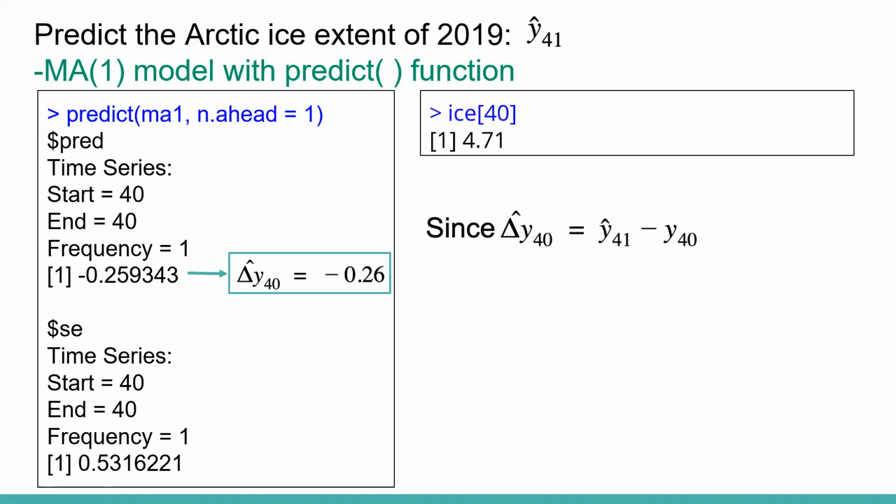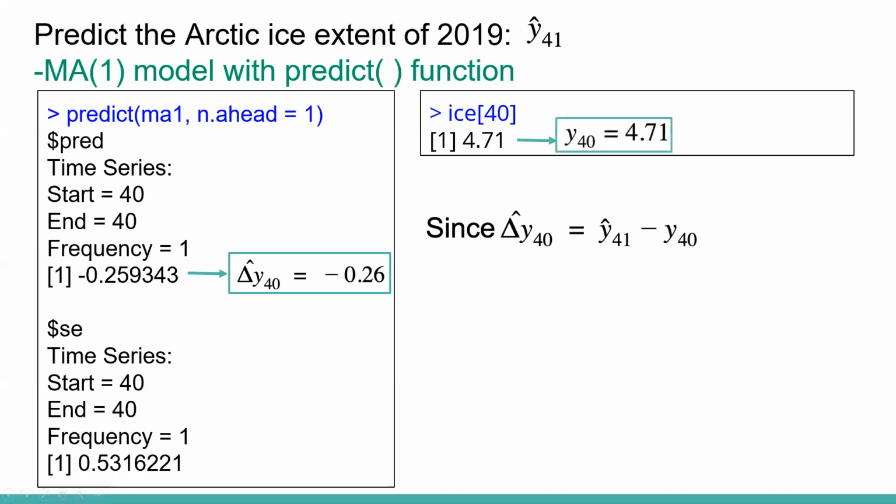So if I want to know the last observation, which is Y40, I'm just going to do ice[40]. My data set is ice, you know that? And the last data point, 2018, is 40, you know that? So 4.71 is in the data set. Do you know that now?